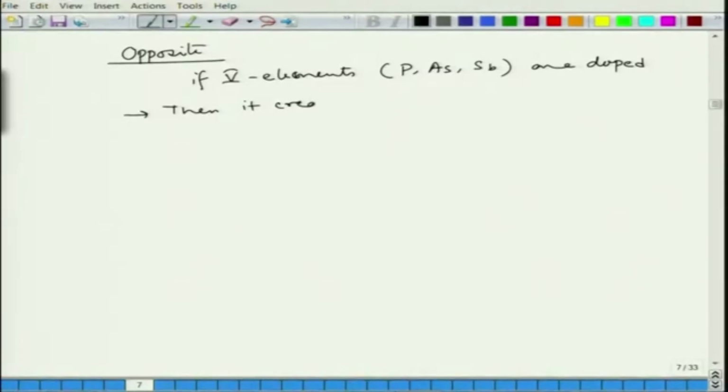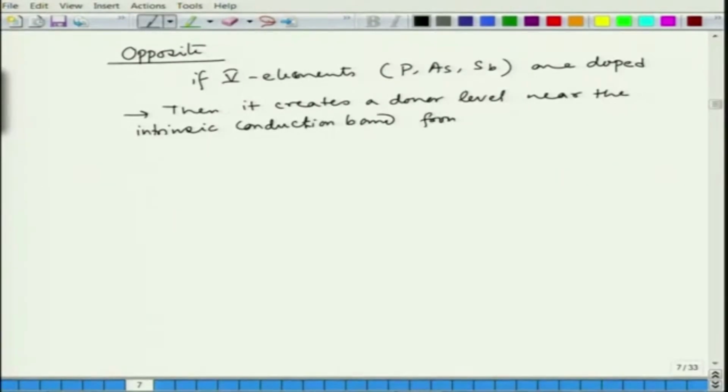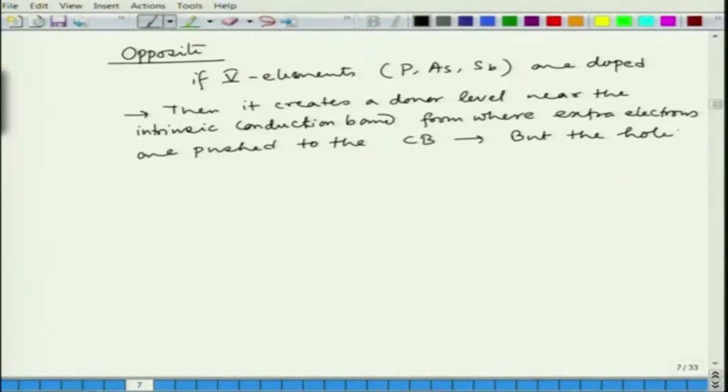It creates a donor level near the intrinsic conduction band, from where extra electrons are pushed to the conduction band, but the hole concentration does not get altered in the valence band, right.